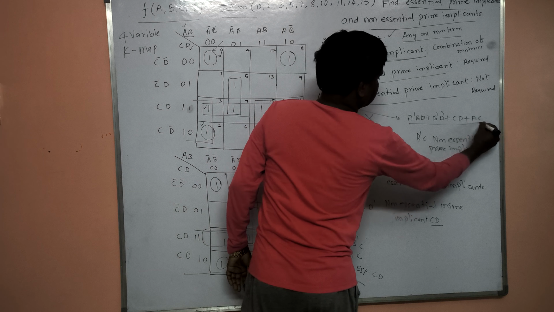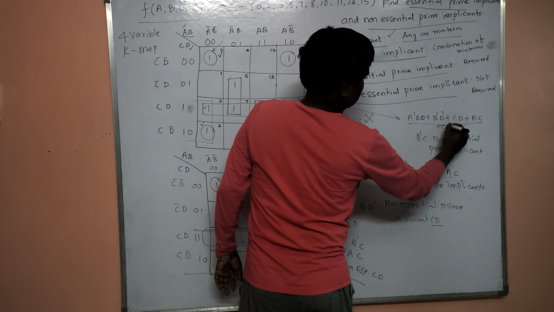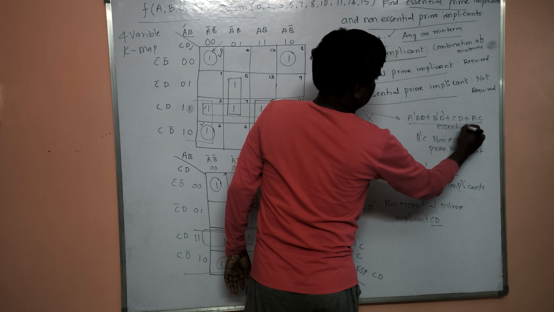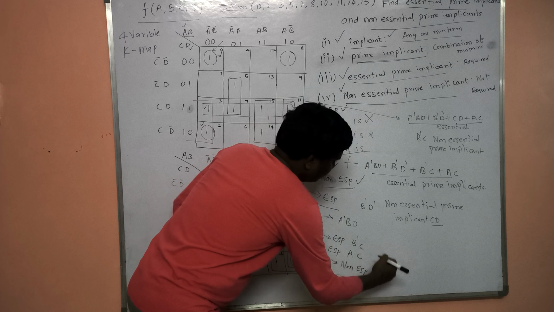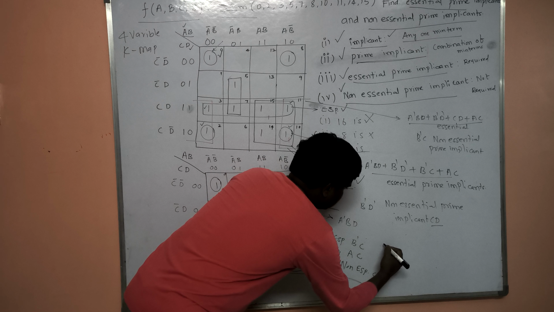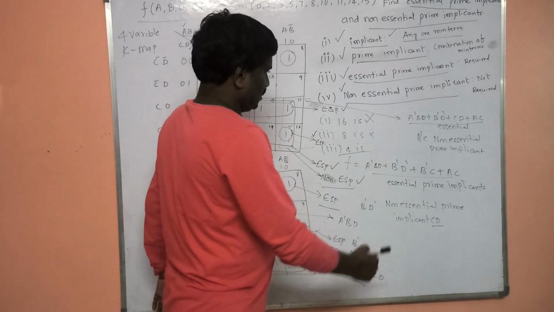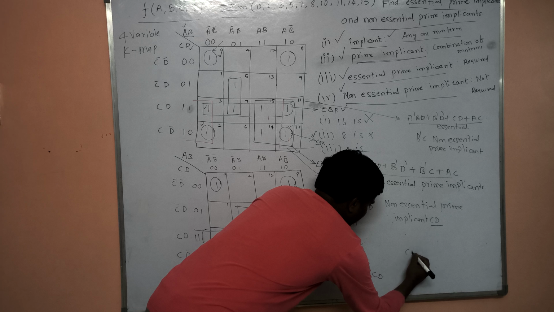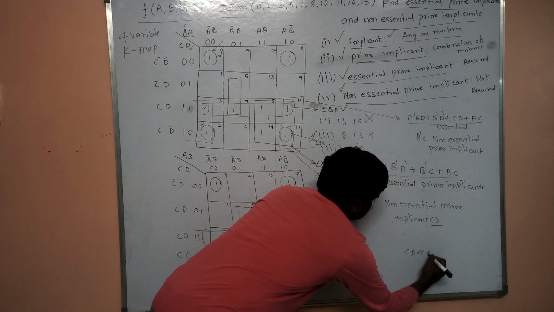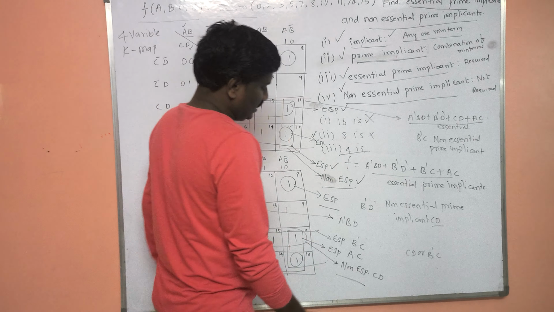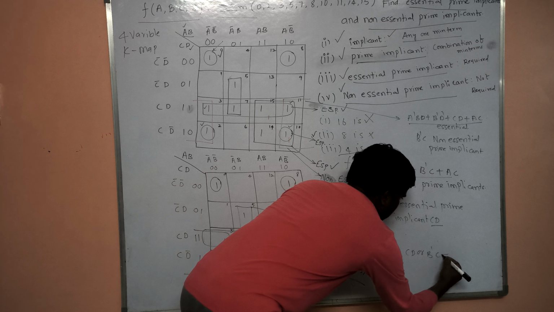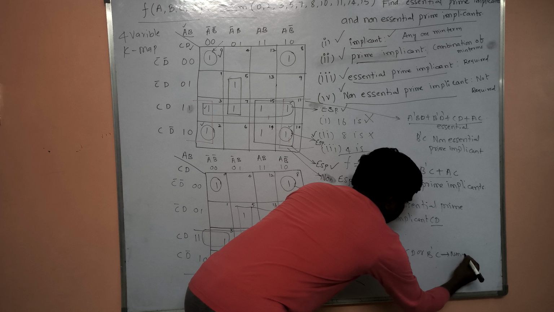What is this? These are essential. So on the whole, what can we say? On the whole, finally, what are essential and what are non-essential? CD or B bar C are non-essential.